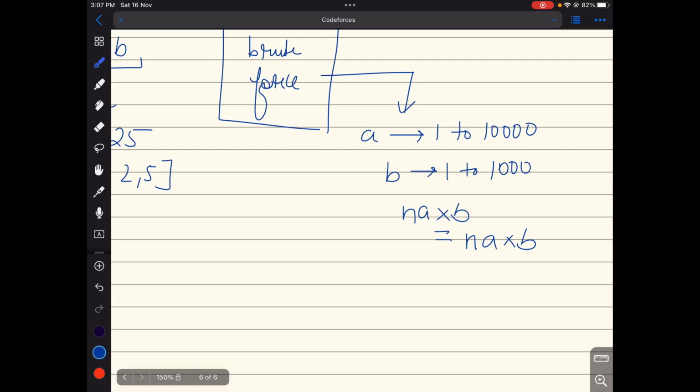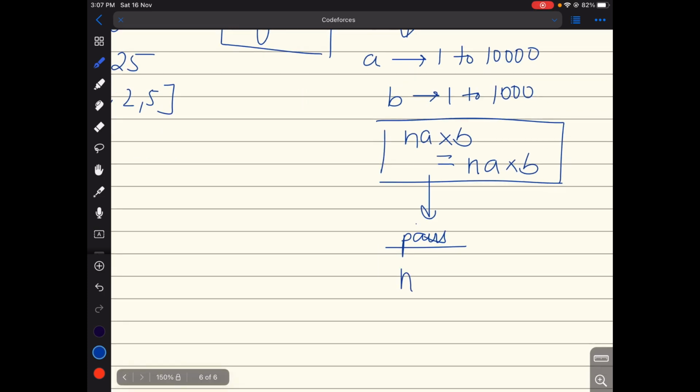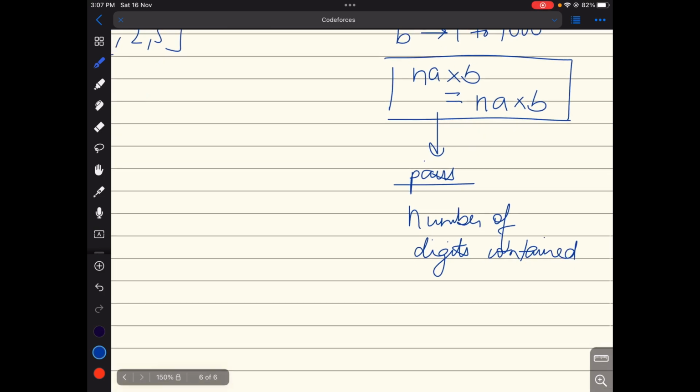Also, since the pairs depend upon the number of digits contained in n, we need to check only the first n pairs.